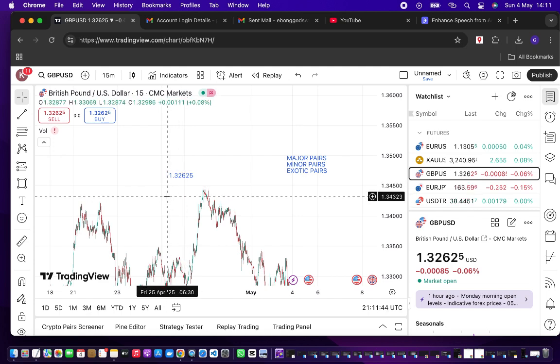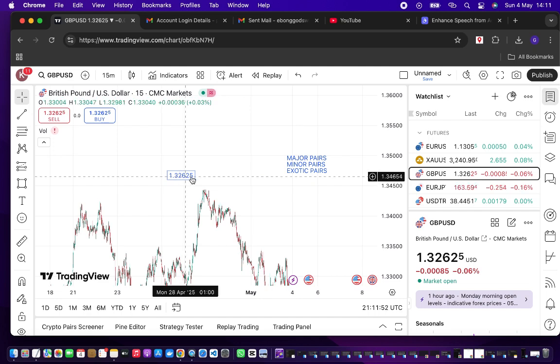You get me? So GBP/USD's current price is listed at 1.32625. We have 1, we have a point, then we have 5 numbers behind the point. So we pay attention to the fourth number after the decimal point.